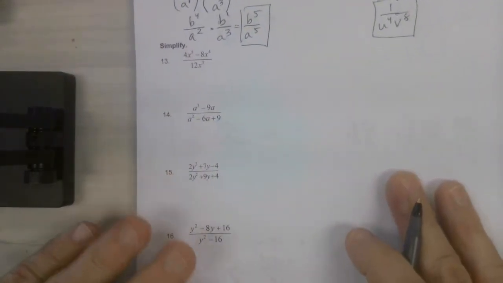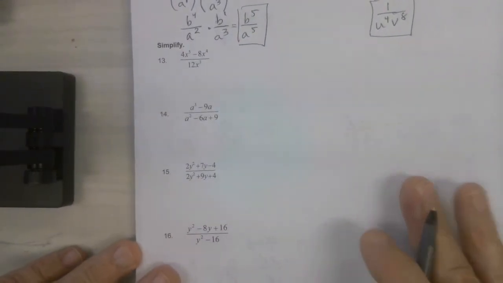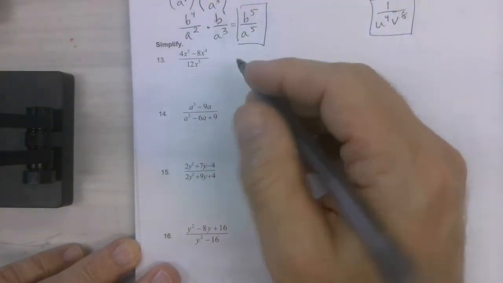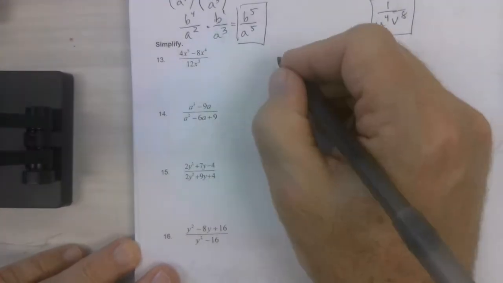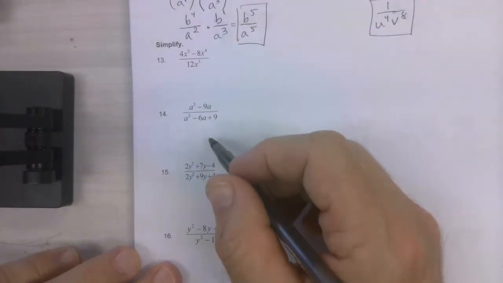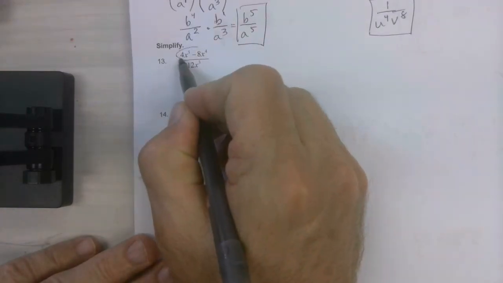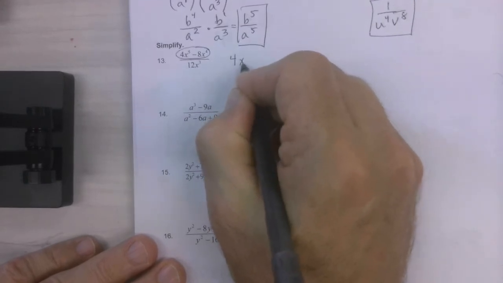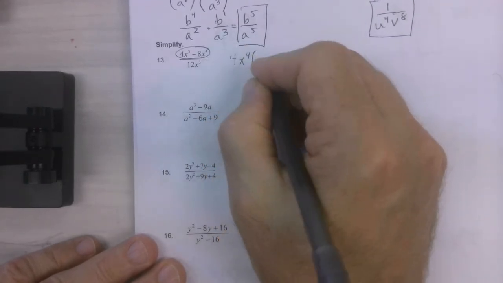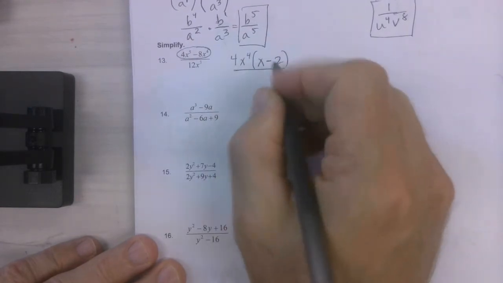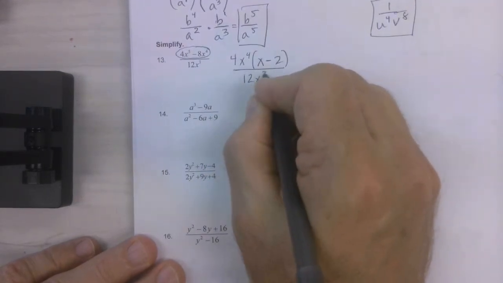Okay, number 13. And we're moving quite quickly. The one thing that I recommended during this whole section was factor, factor, factor, which means we take a look at the top and factor out as much as you can to get started. So I can take out a 4x to the 4th, leaving me with x minus 2 all over 12x cubed.